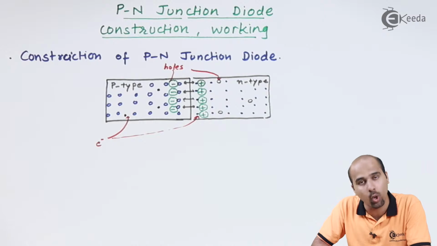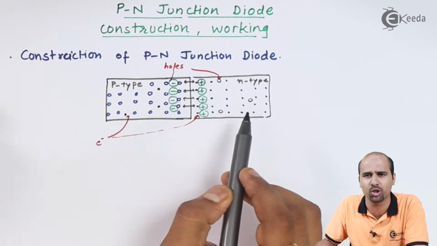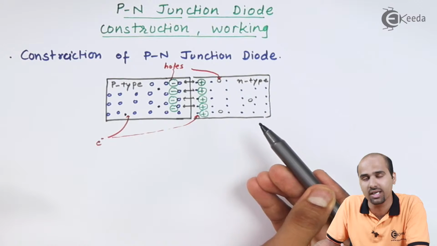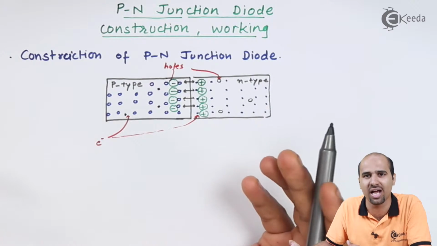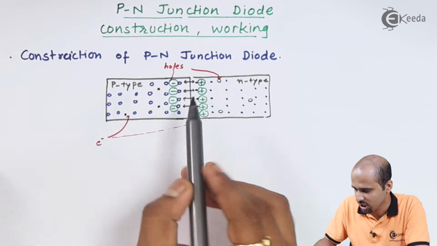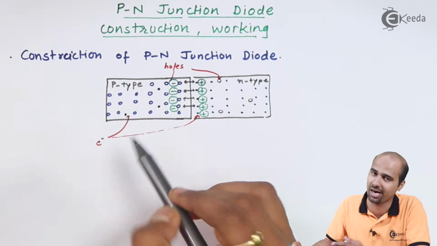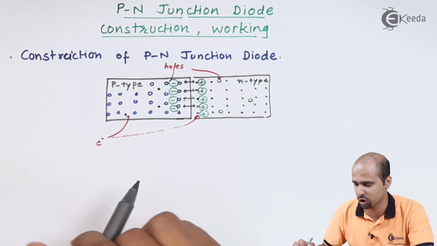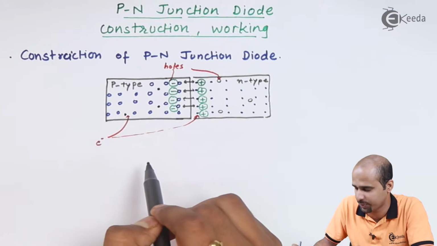Now after that, all the electrons will try to jump towards the p-type semiconductor, but all the electrons are not allowed to move towards the p-type semiconductor. This is because these are negatively charged ions, and again according to Coulomb's law of electrostatics, negative and negative repel, positive and positive repel.